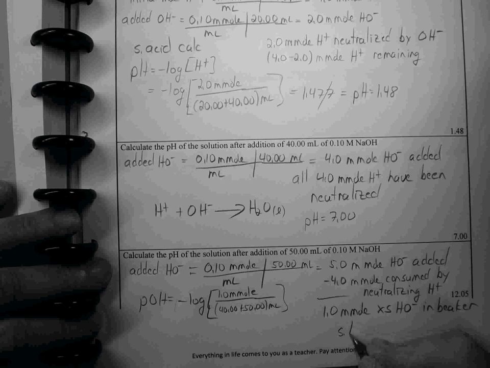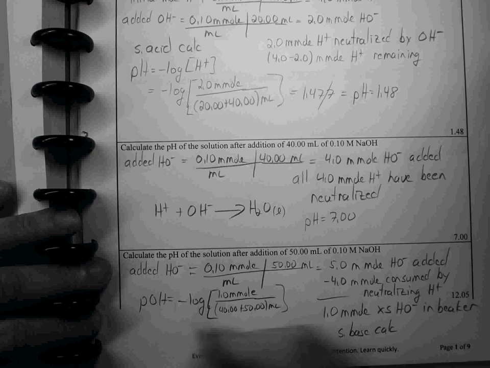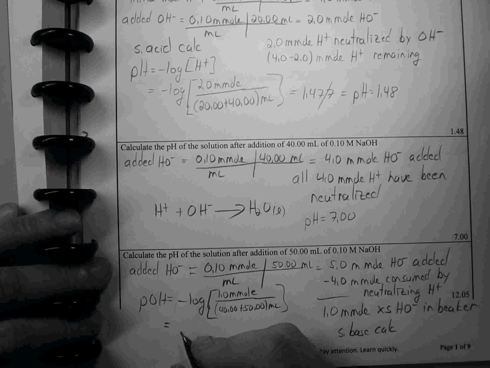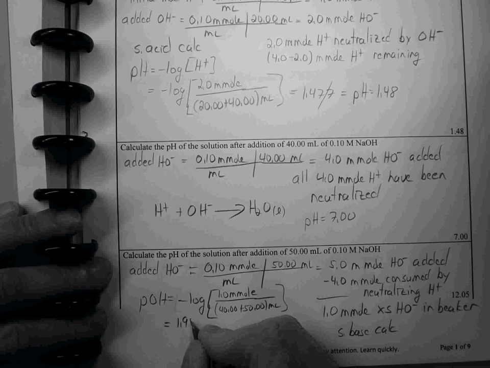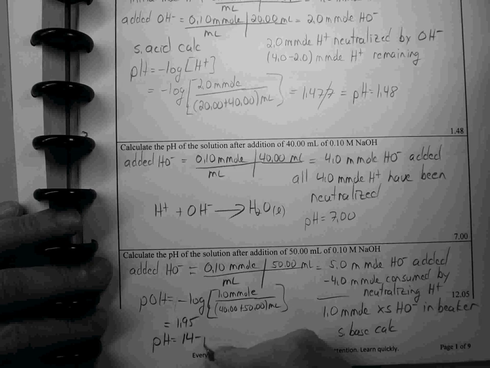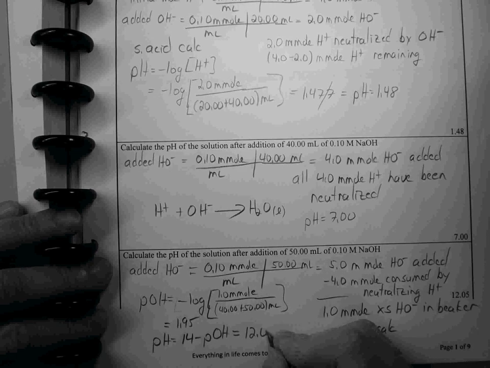This is our strong base calculation. Our pOH comes out to be 1.95, so our pH is 14 minus pOH, which is 12.05.